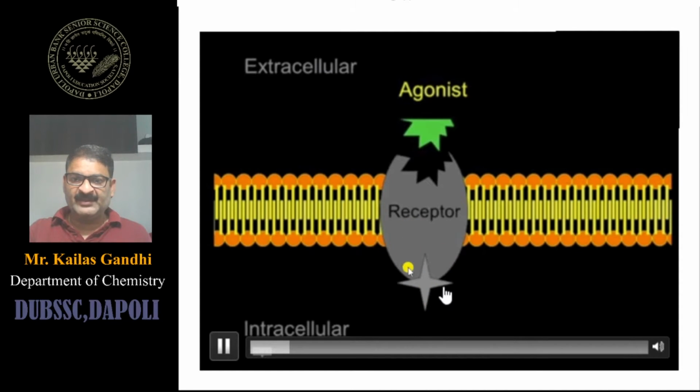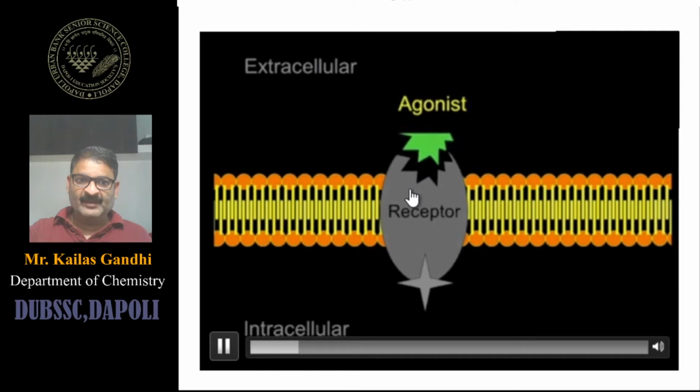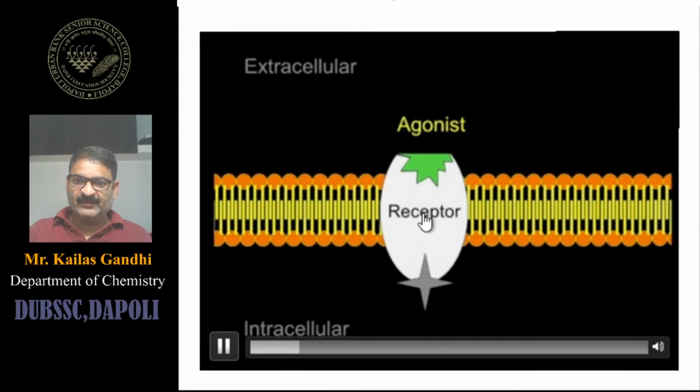When it rotates, you consider the receptor gets activated. So the agonist is coming towards the receptor side. When it gets attached to the receptor, the receptor becomes active and gives the corresponding physiological response or physiological action. So here the agonist gets attached and the receptor gets activated.